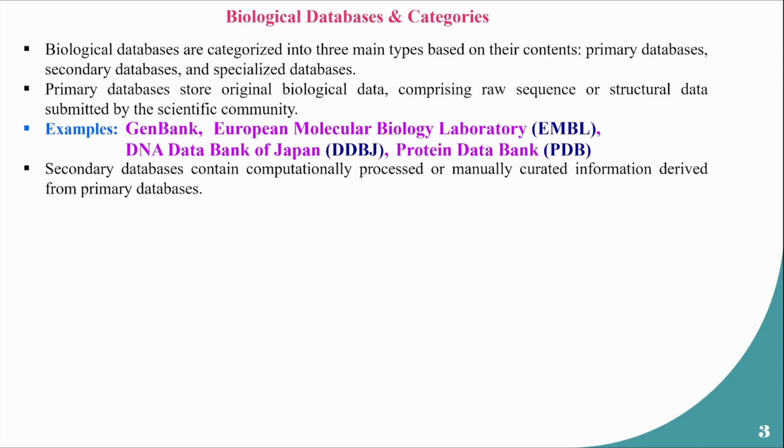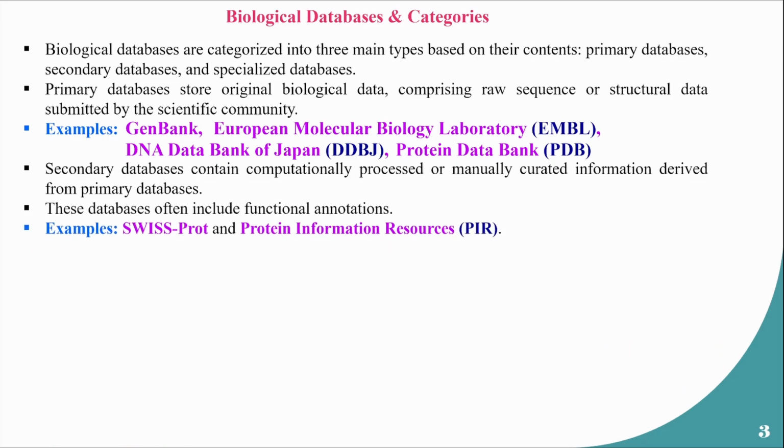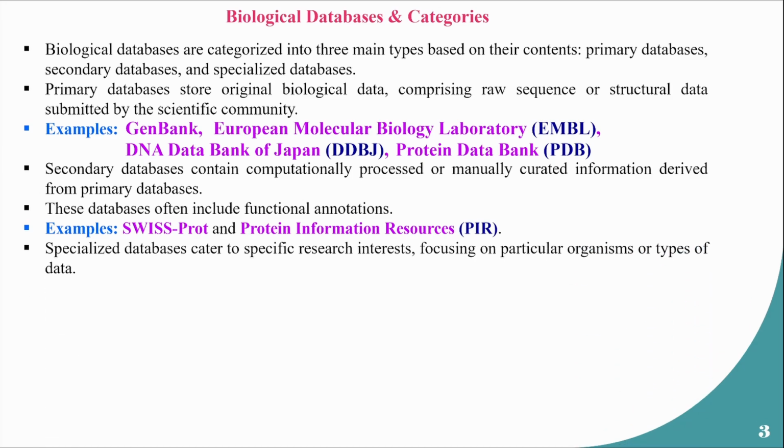And then secondary databases contain processed or manually curated information derived from the primary databases themselves. So you're basically going one step further here. They also include functional annotations, for example, Swiss-Prot and Protein Information Resource. And then specialized databases cater to specific information about particular fields or particular research interests.